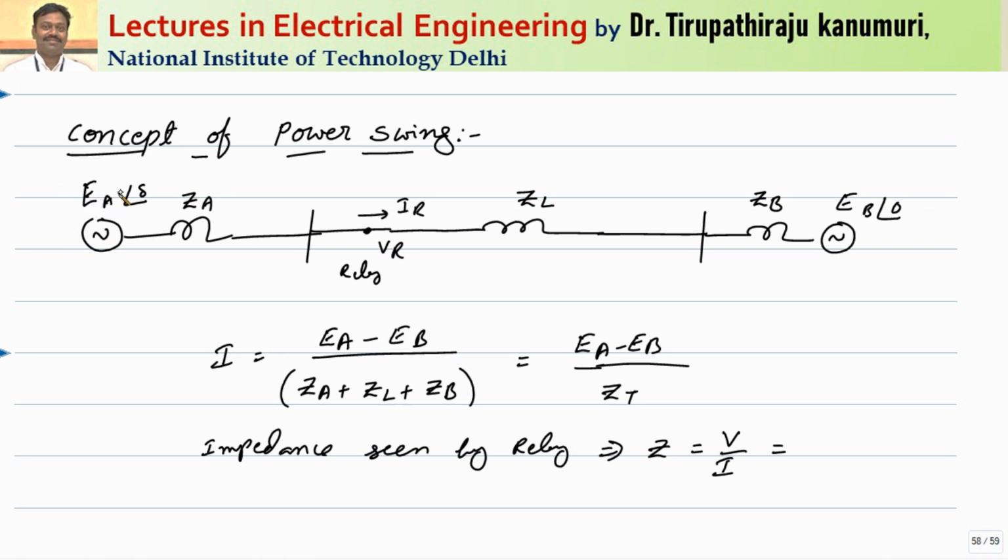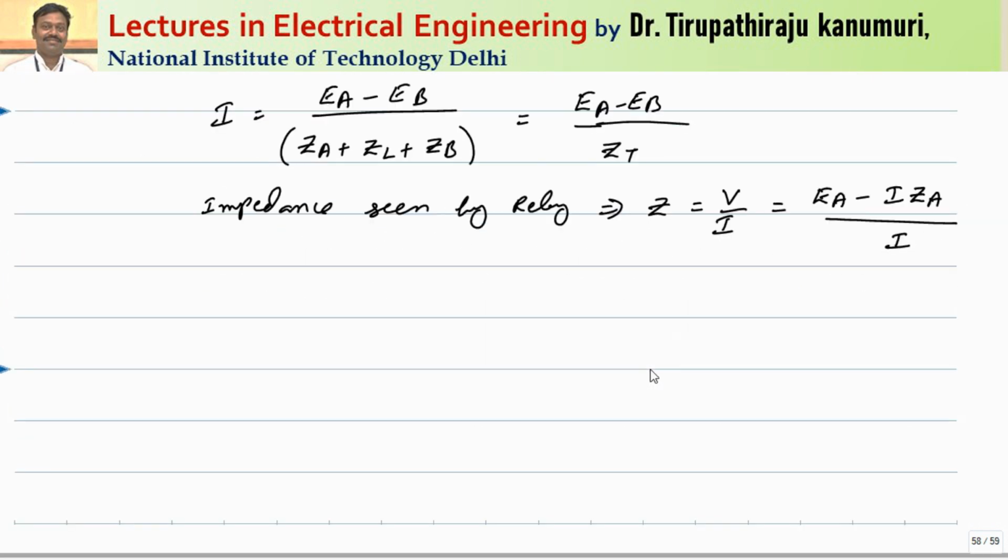The voltage will be equal to EA minus the current passing through ZA, divided by the current. Let us assume I is passing from point A to point B, and I is given by EA minus EB divided by ZT. Based on that we can calculate.